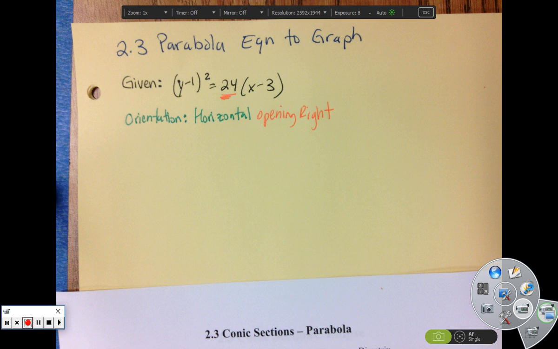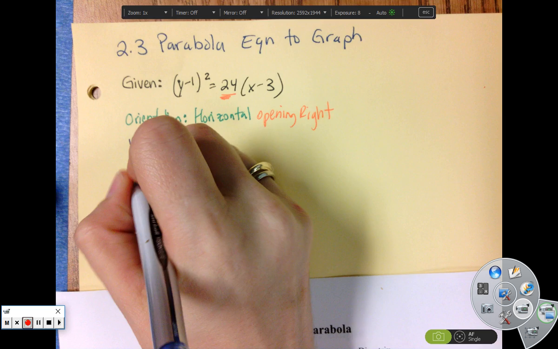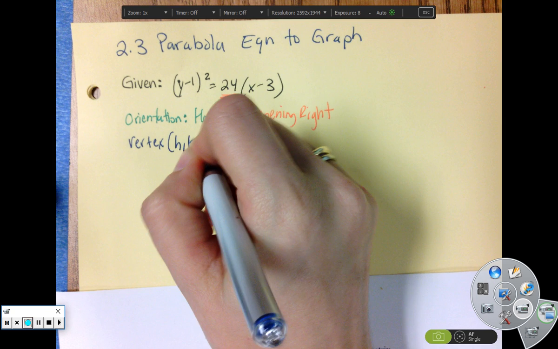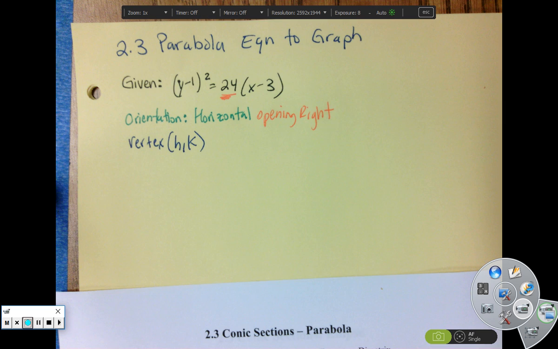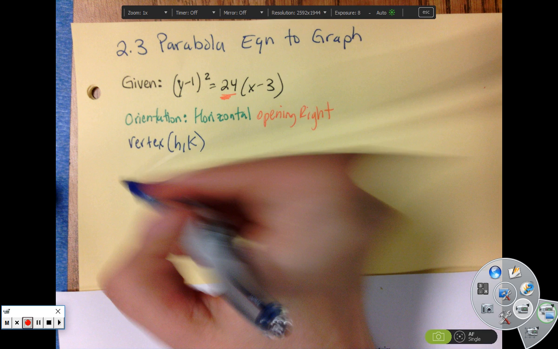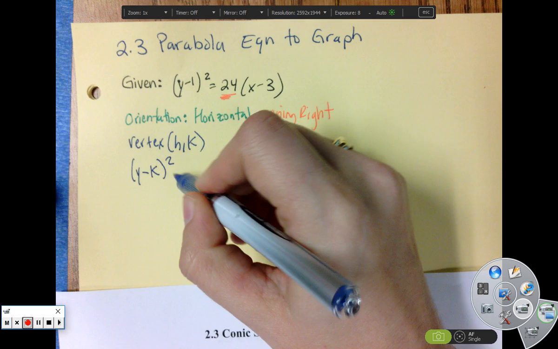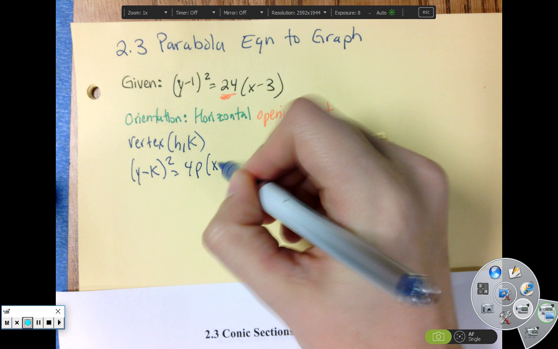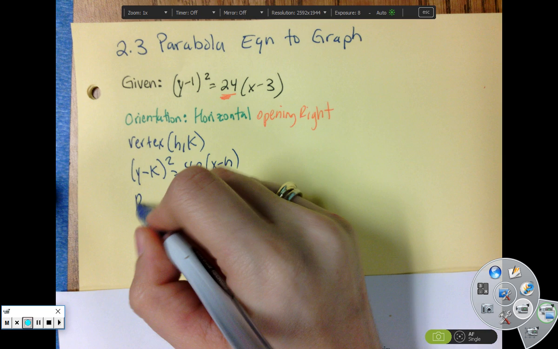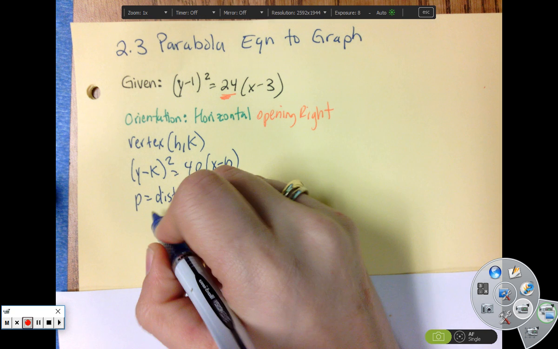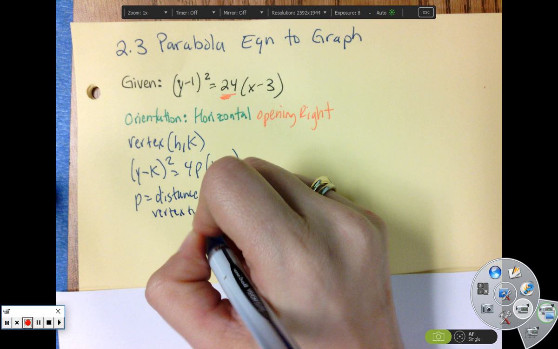Now that we've done that, we need to identify our vertex. From the notes, I can see the vertex will always be (h, k). We also see in the notes that for a horizontal parabola, our equation is (y - k)^2 = 4p(x - h), where p is the distance from vertex to focus.